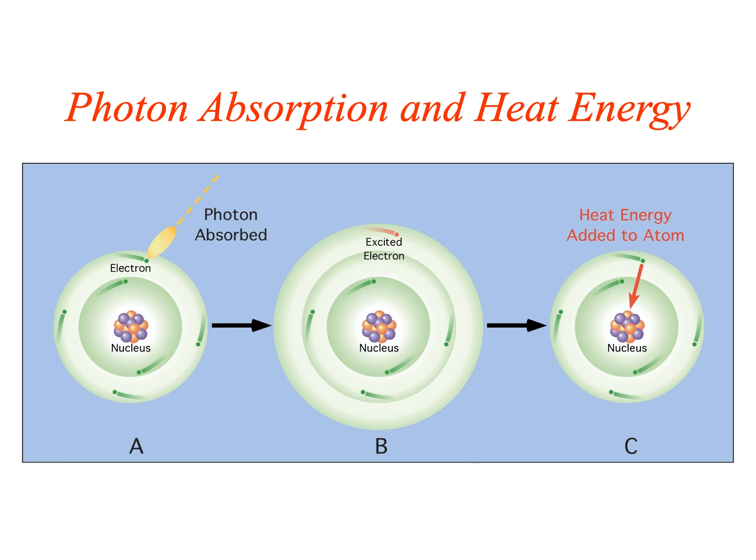So here we show the diagram. It's essentially reverse of emission. So a photon is absorbed by the atomic mass. It excites an electron, and that excitement leads to the addition of heat energy to the atom.